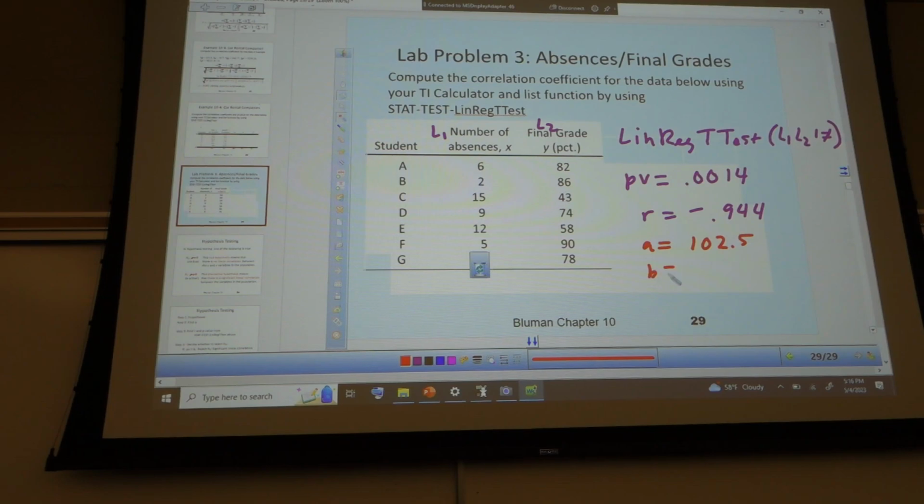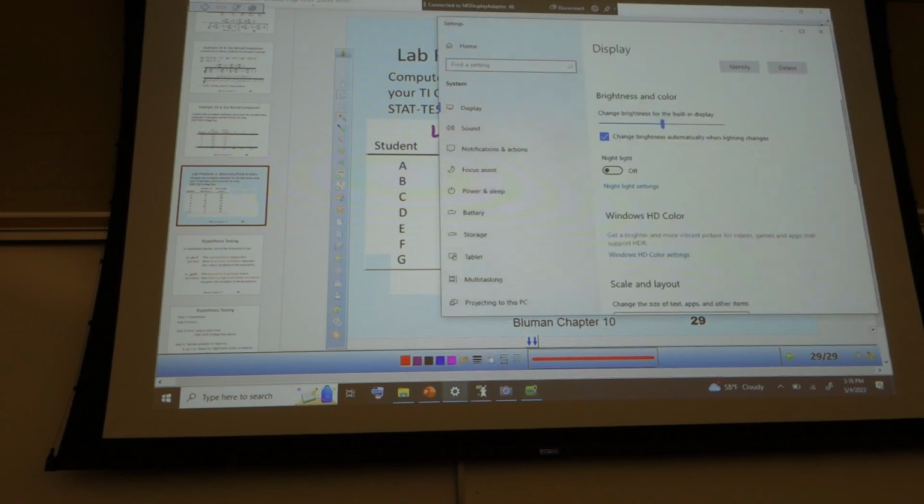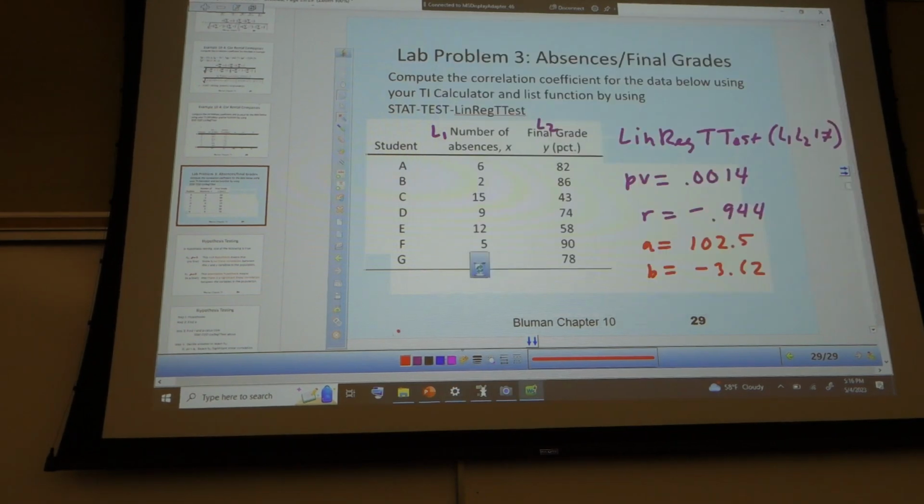And your B was negative 3.62. Great. And then while we're here, you also found a Y bar and an X bar. What was your Y bar or your X bar? 8.143. That was your X bar? Yeah, 8.14. And your Y bar was 73. Okay, good. Everybody on board?